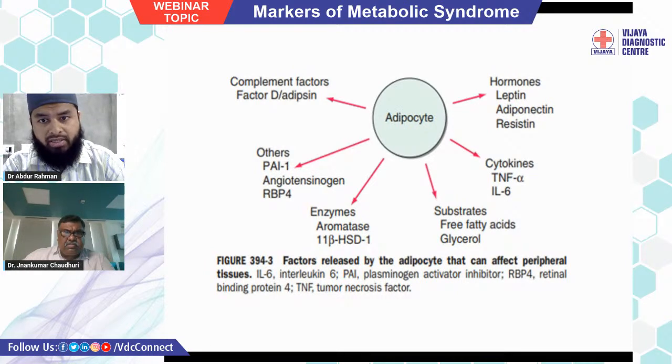Due to leptin resistance, it cannot modulate the secretion of insulin from beta cells, and insulin levels keep rising. Once insulin levels keep rising, there will be more accumulation of fats, because insulin is responsible for the conversion of glucose into fats. Actually, it helps the enzymes which do the fatty acid synthesis.